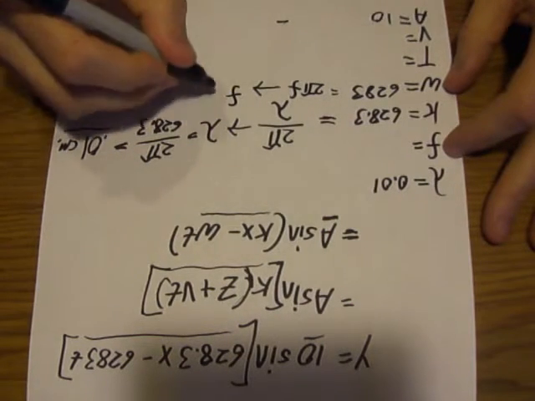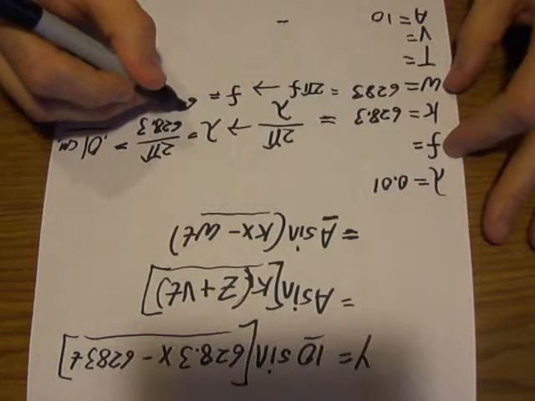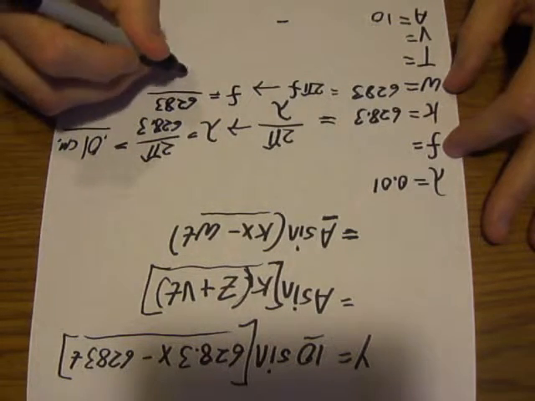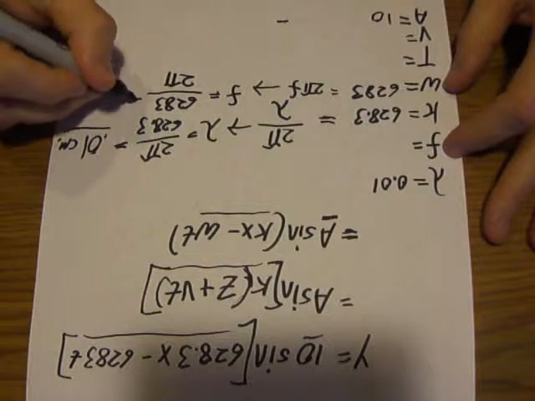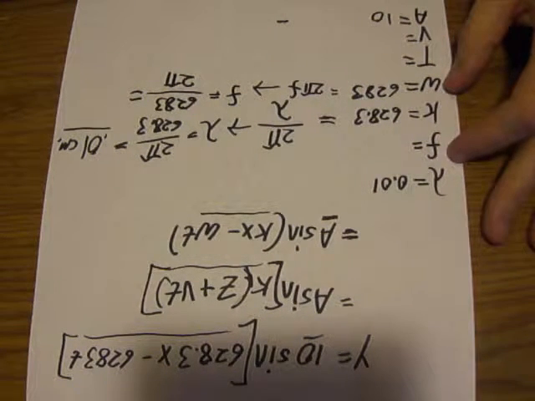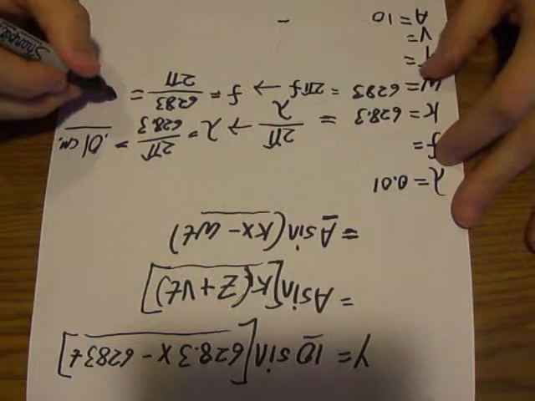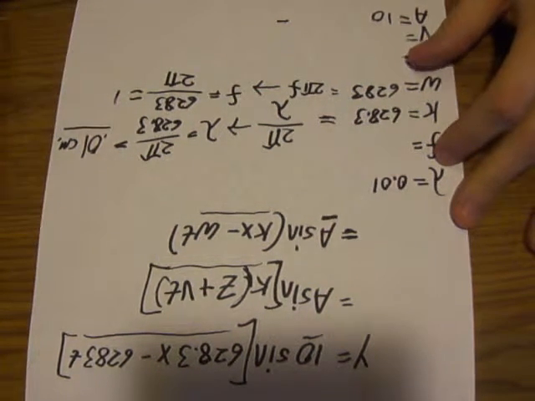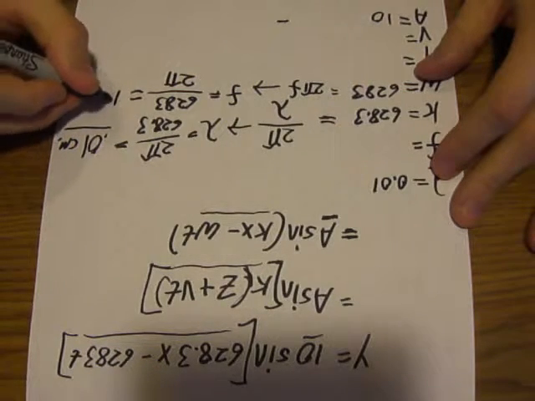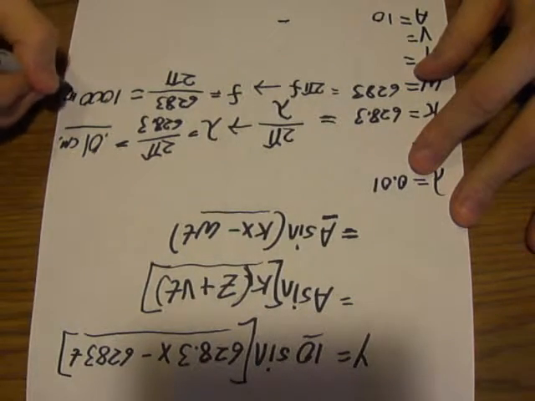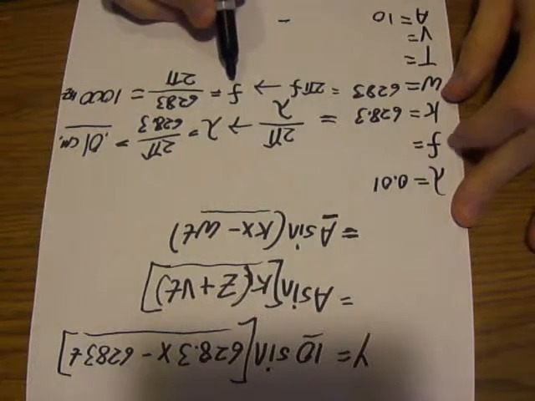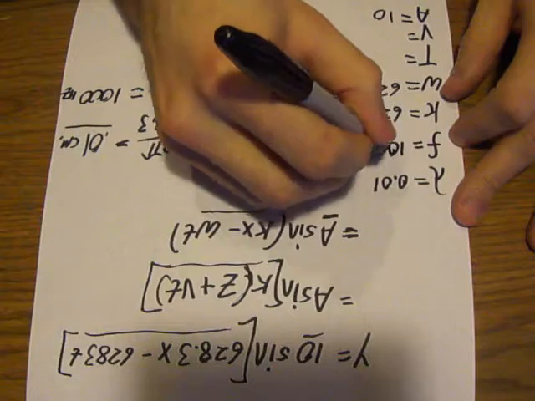So f becomes 6,283 divided by 2 pi. Putting that in the calculator, we get a number very close to 1,000, in the unit hertz because it's a frequency. It actually comes out to be 999.97, but we'll call it 1,000 hertz.